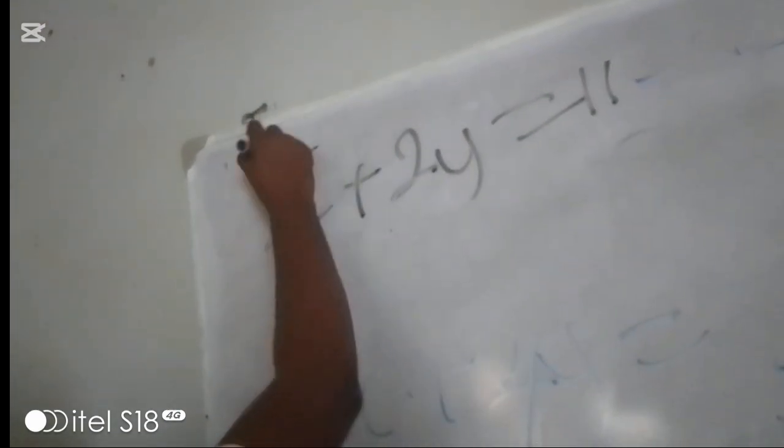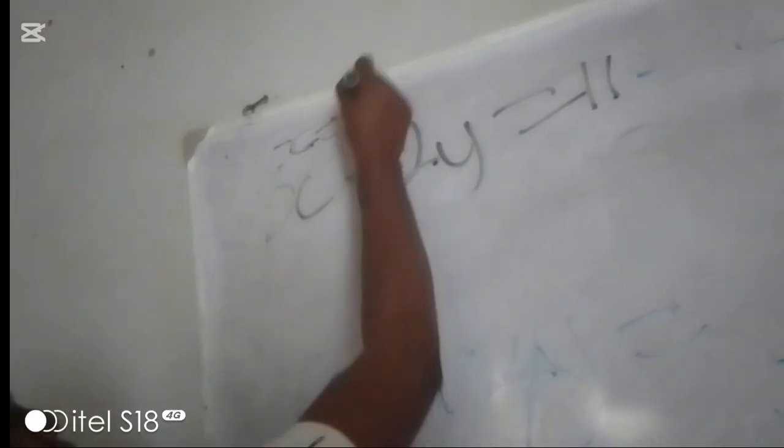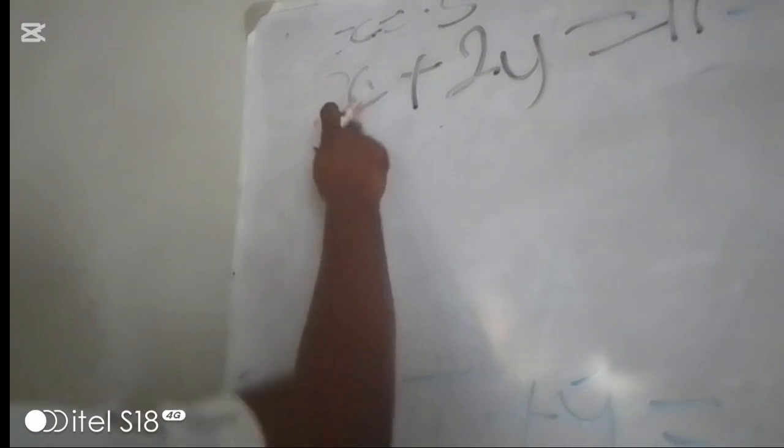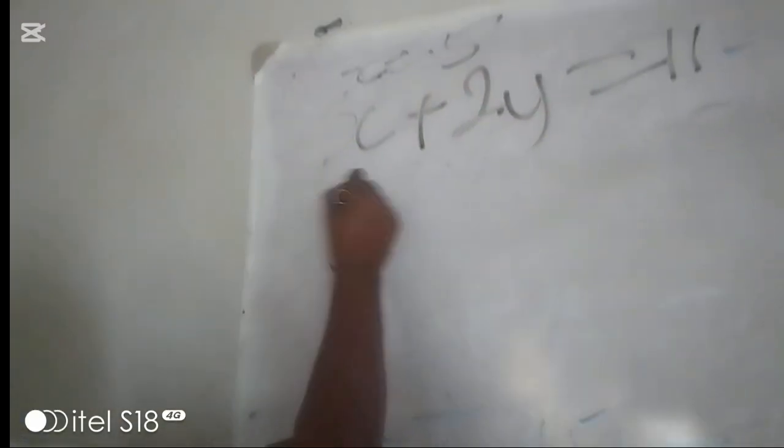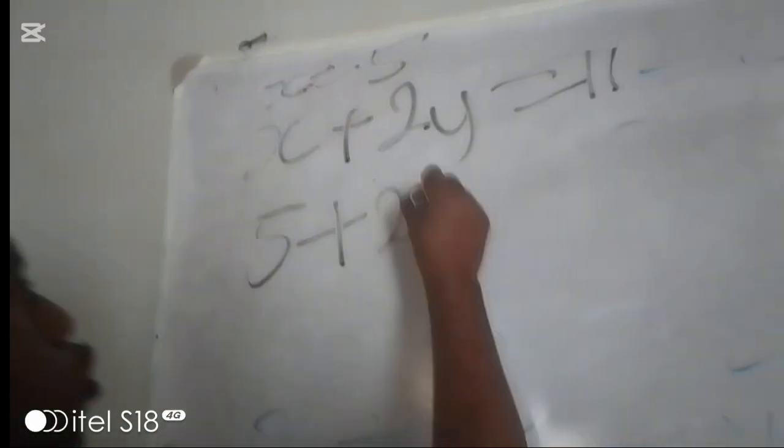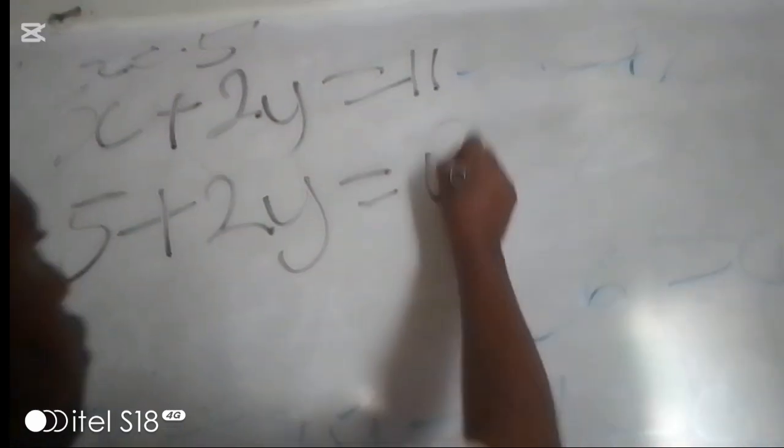So you say x is 5. Substitute the value of x equal to 5 in this equation. So you have 5 plus 2y equal to 11.